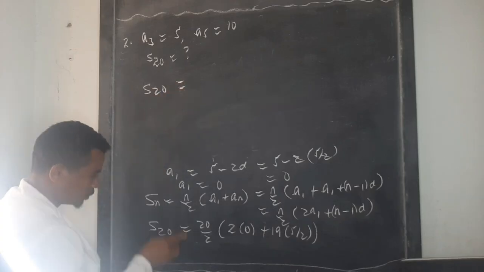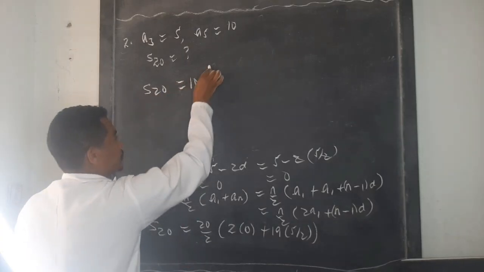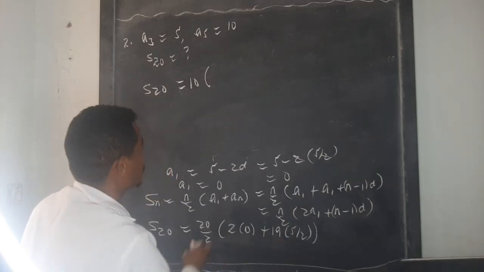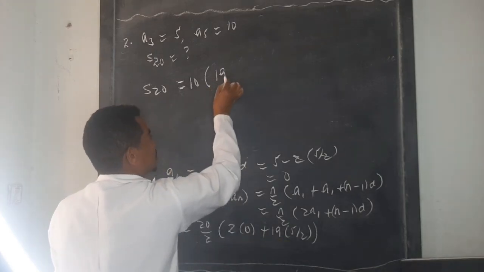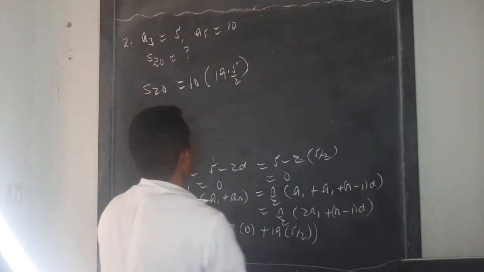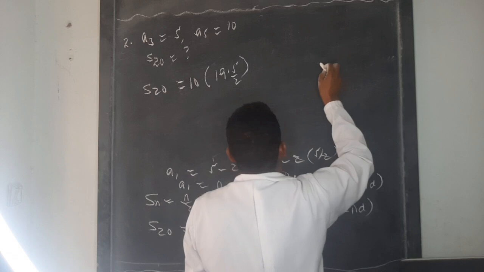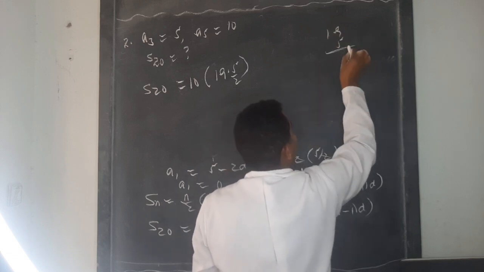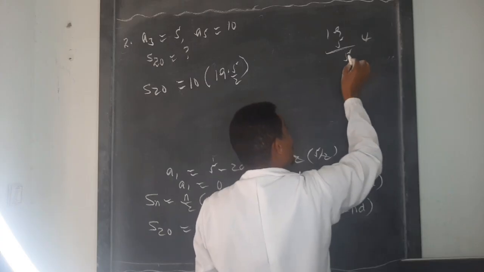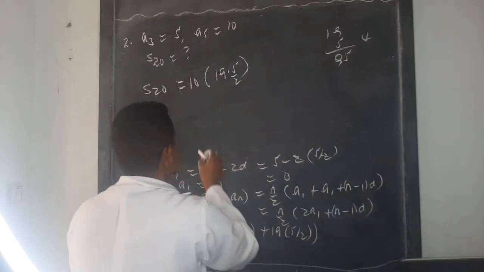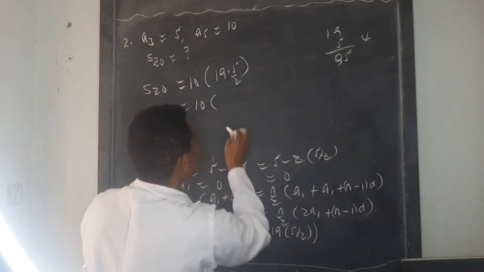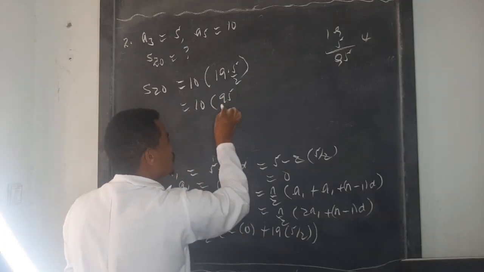So S20 is equal to 20 over 2, which is 10, into 2 times 0, which is 0, plus 19 times 5 over 2. Let's multiply: 19 times 5 is 95. So this is the same as 10 into 95 over 2.